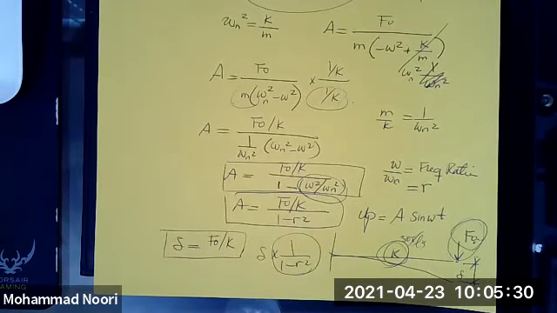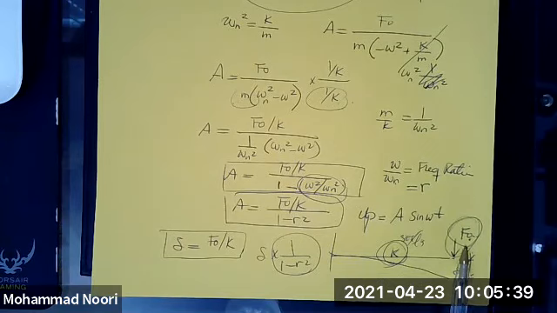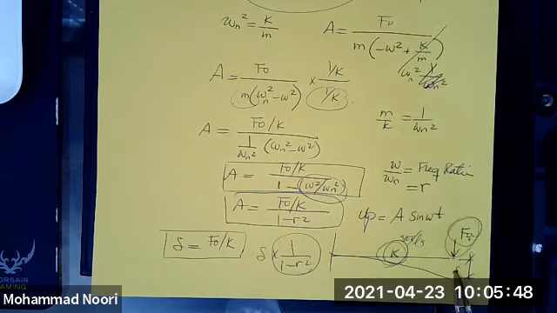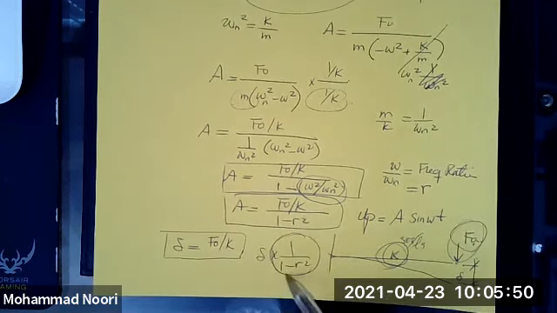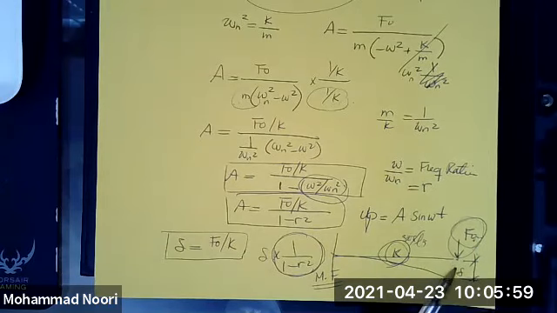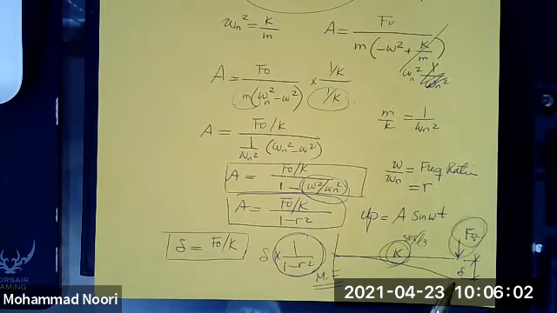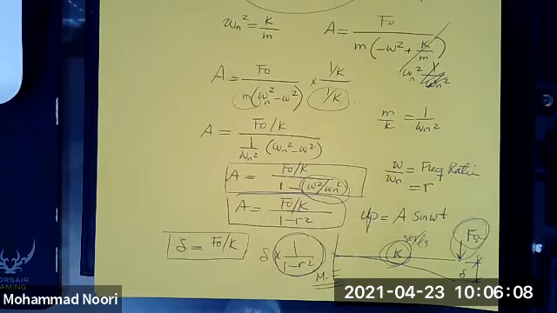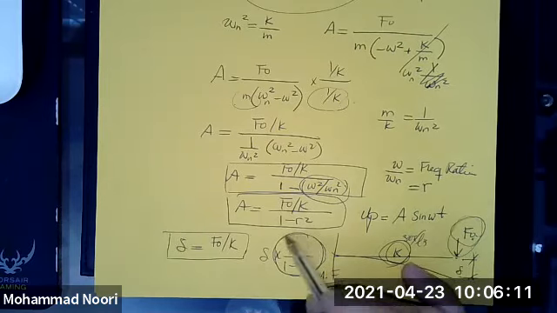I'm going to stop here, but what happens is that if you replace a constant force with a force that has the same magnitude but is acting harmonically, the displacement is magnified, and this is a quantity we call the magnification factor. In other words, due to the cyclic motion, stresses are going to be magnified, displacements are going to be magnified, the strains are going to be magnified by this quantity.